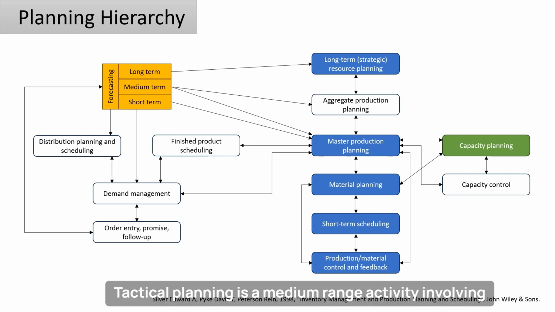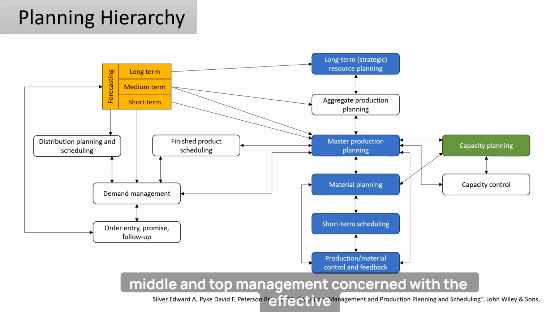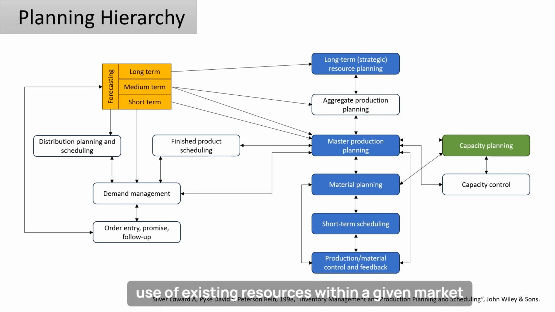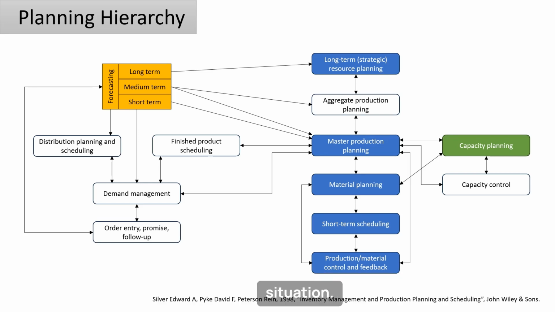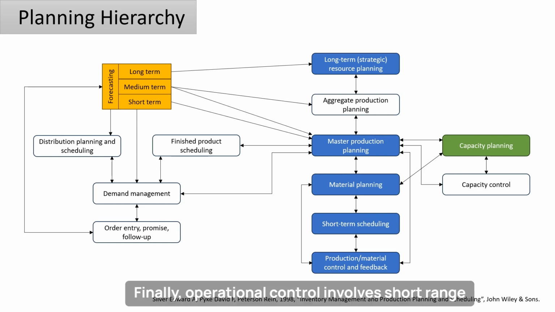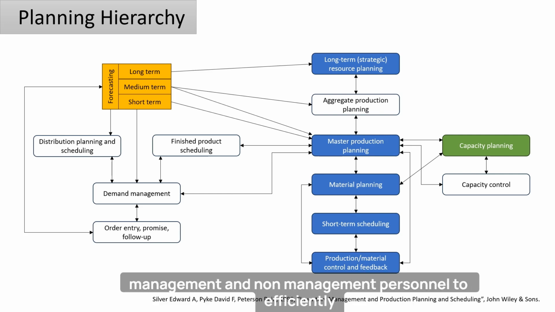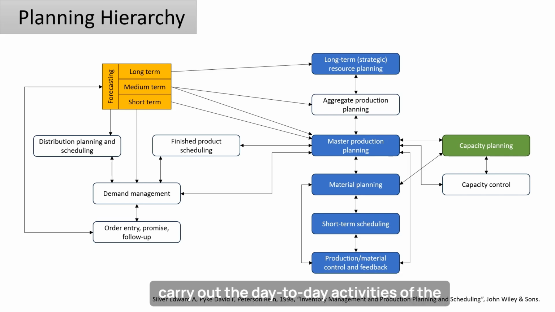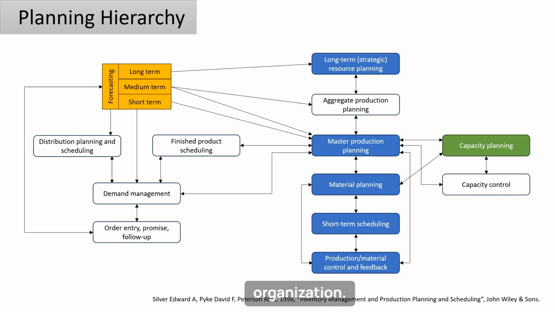Tactical planning is a medium-range activity involving middle and top management, concerned with the effective use of existing resources within a given market situation. Finally, operational control involves short-range actions typically executed by lower levels of management and non-management personnel to efficiently carry out the day-to-day activities of the organization.